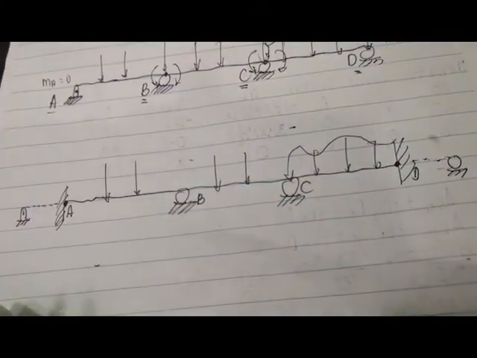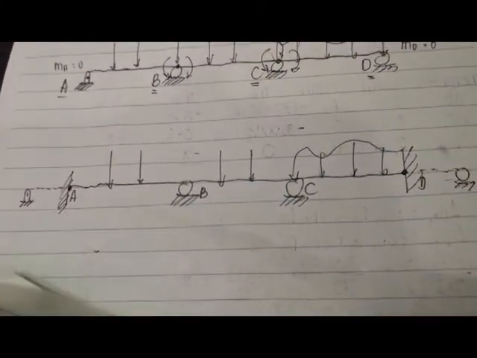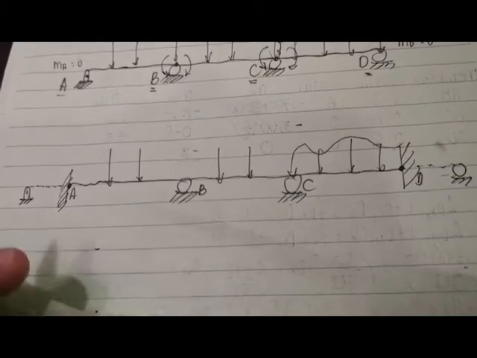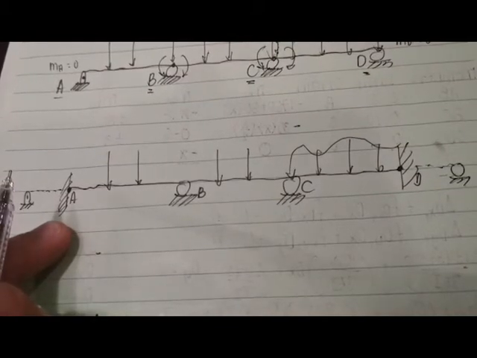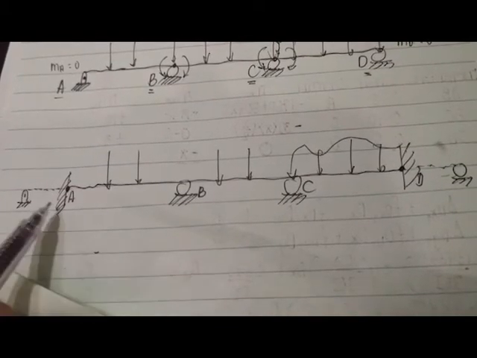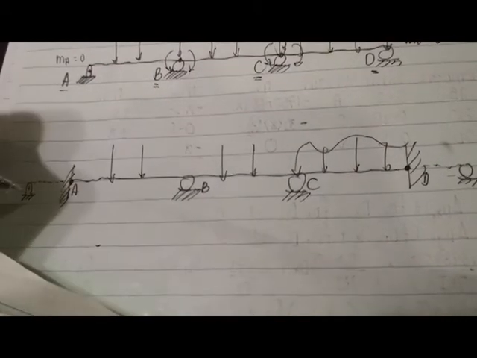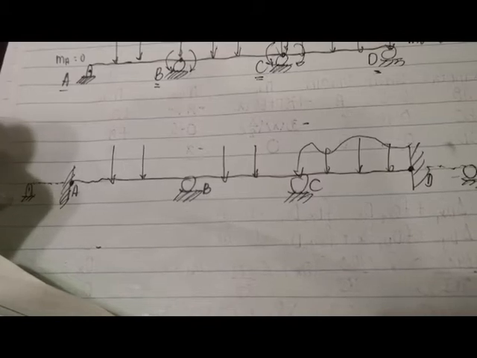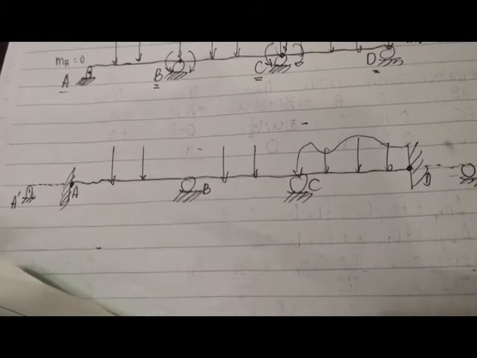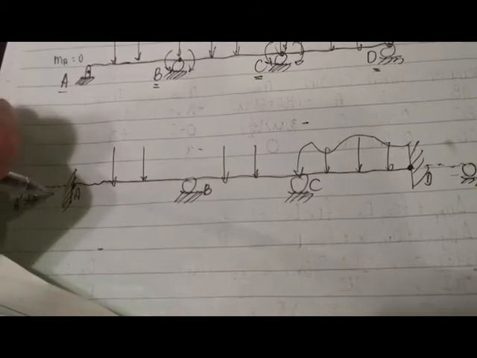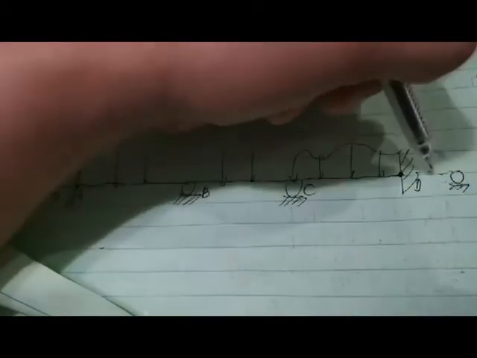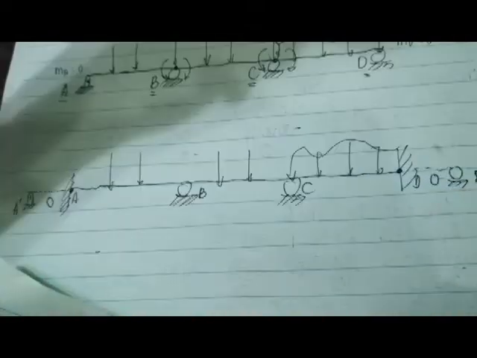This is applicable only when your support is fixed. So at A, we place an imaginary support, an imaginary span. Let's say this will become your A prime, and its length is equal to 0. At D, we also place an imaginary support. This will become D prime, and the length is also 0.